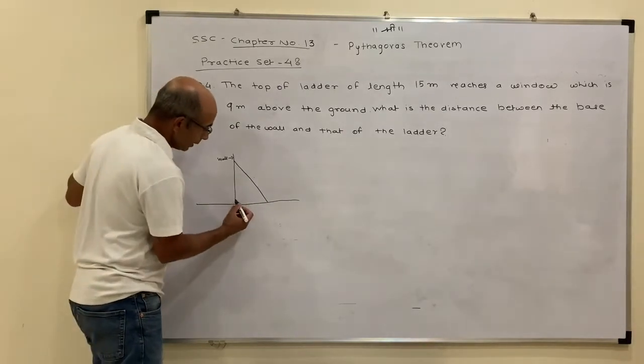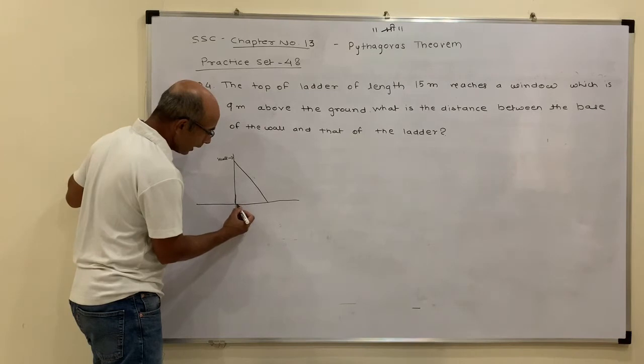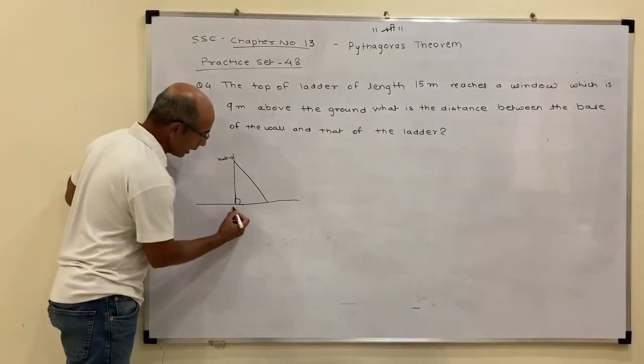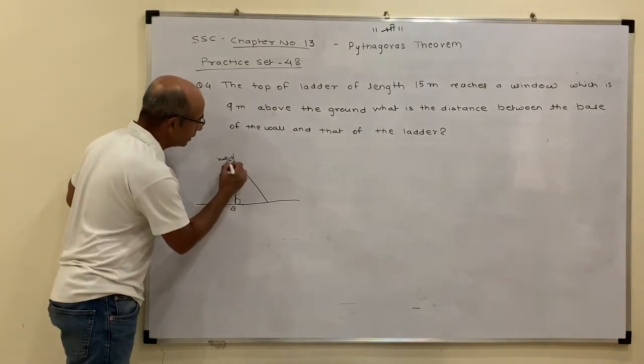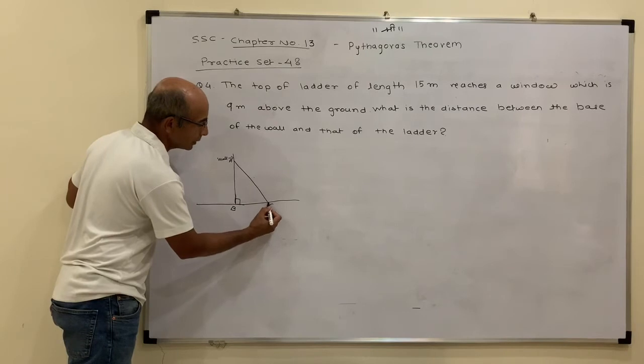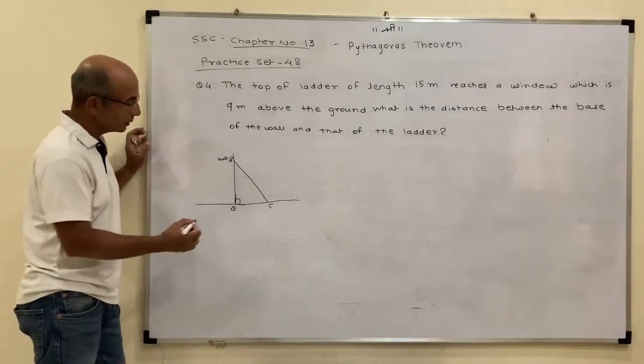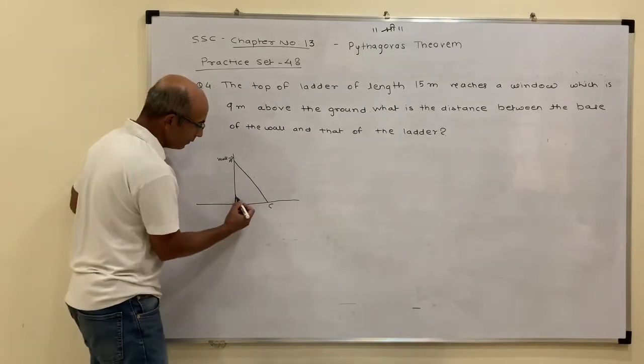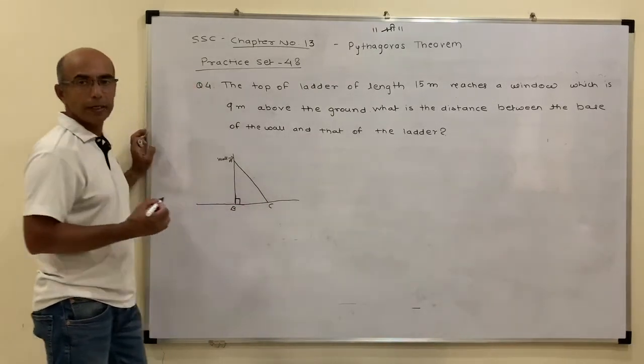Now, the wall and the ground, the angle is always 90 degrees. So if I consider this as B point, this as A point, this as C point, where the ladder touches the ground, this becomes a triangle ABC, where B is 90 degrees.